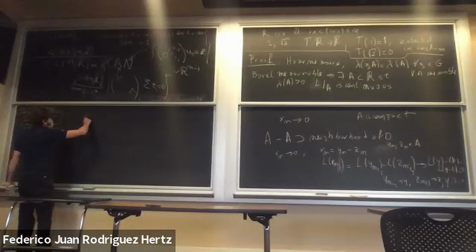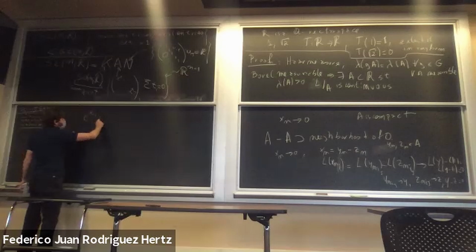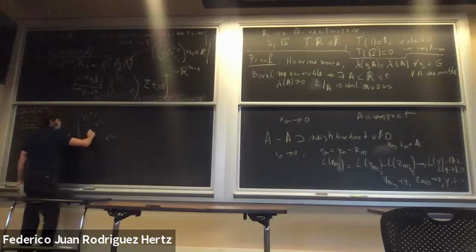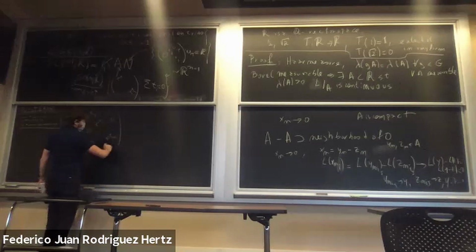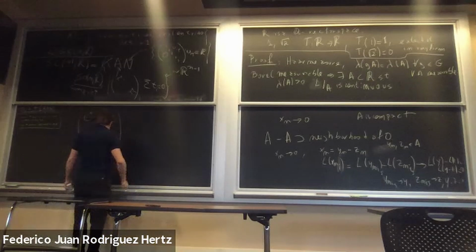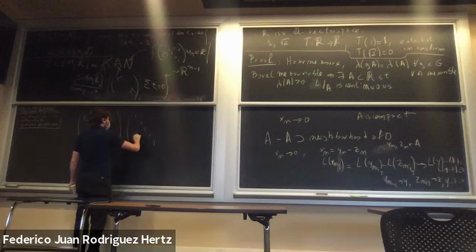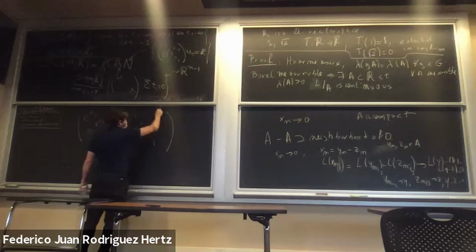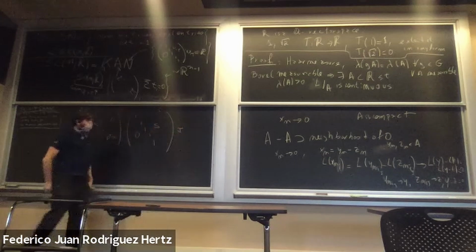I take a matrix A, and I multiply it by a very special matrix in N. Oops, it has an S entry in the i, j position.